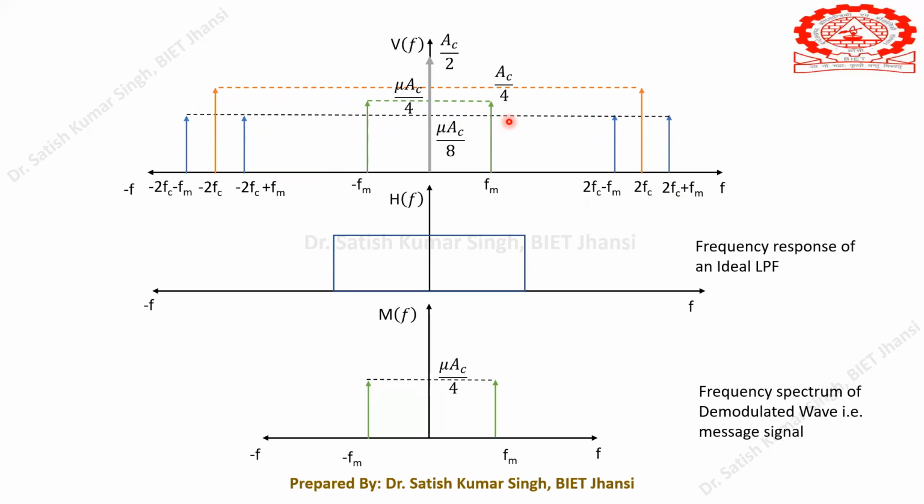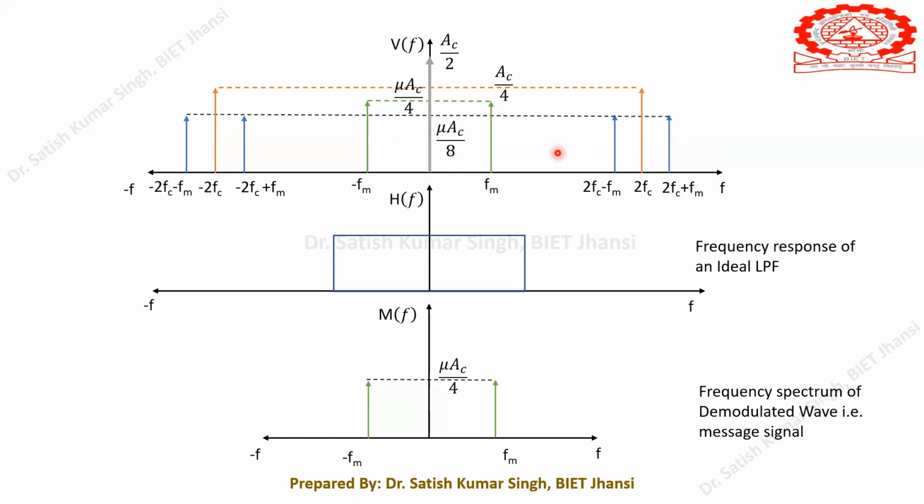Another delta function should come at f equals 0, because it is a DC component, and its magnitude will be Ac by 2. Here, remember that we are plotting this spectrum with the x-axis in frequency f, not in radians omega. If you plot the same thing in radians, a little modification in all these magnitudes will happen, and you have to take care of that.